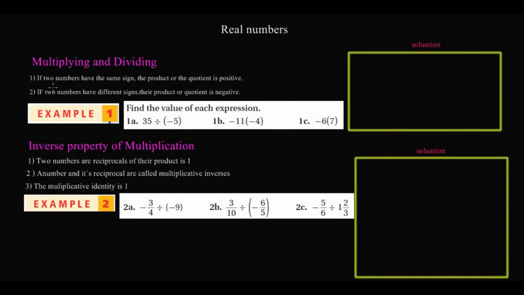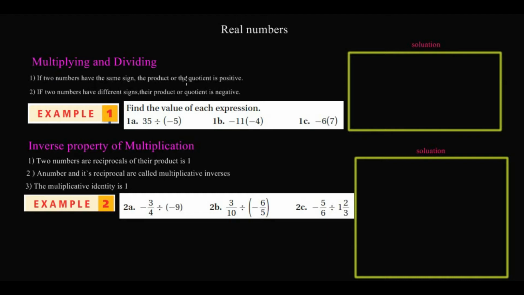The first statement: if we have two numbers that have the same sign, their product or quotient is positive. Maybe the first one is negative and the second one is negative, or the first one is positive and the second one is positive.